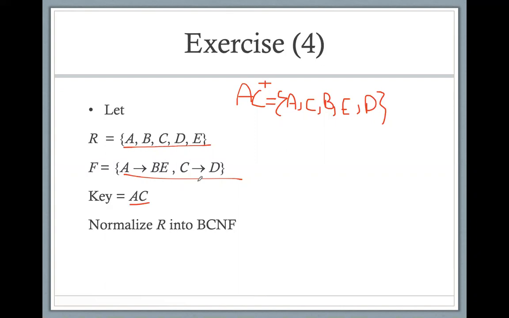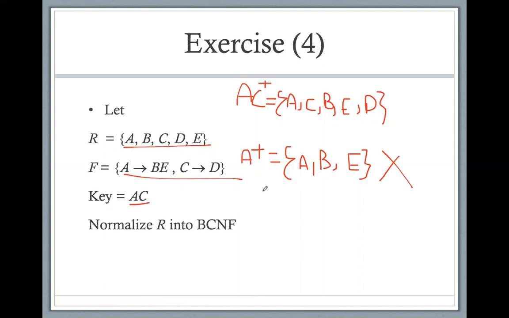I have one functional dependency, A determines BE. Is A a super key? How do I verify this? All I have to do is compute the closure of A. What's the closure of A? It's A, B, and E. Does A determine all the attributes in the table R? No, hence it's not a super key.